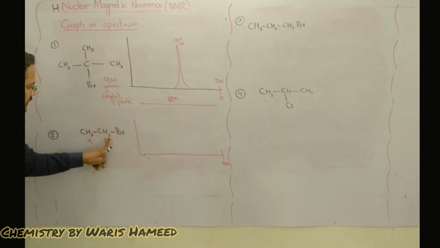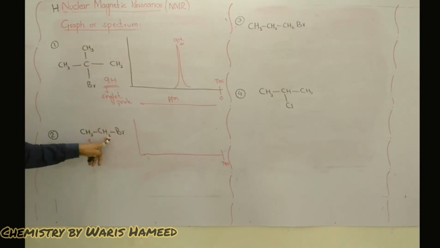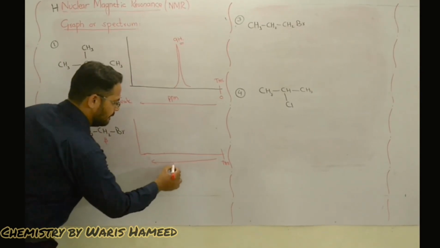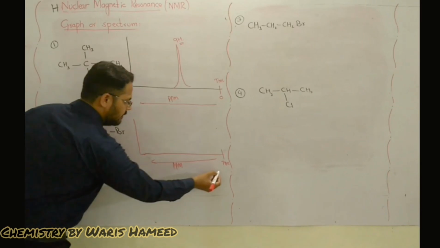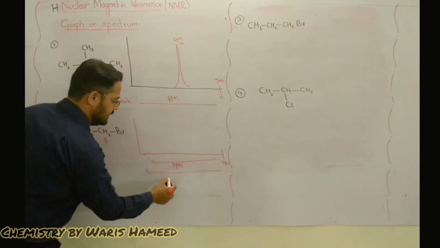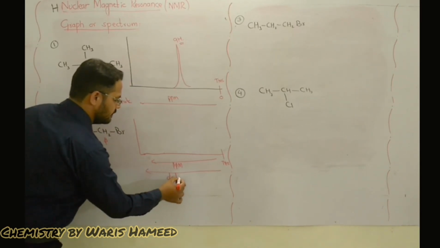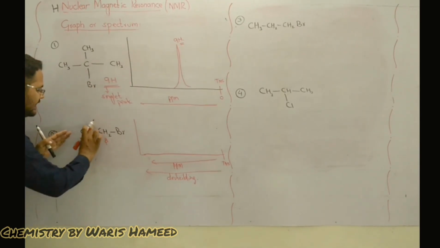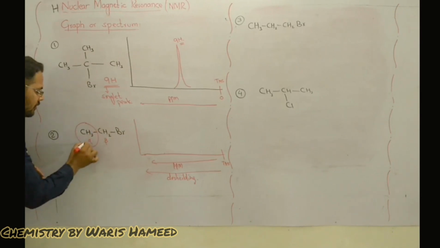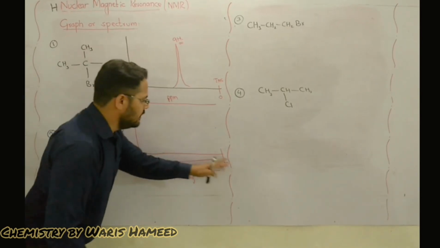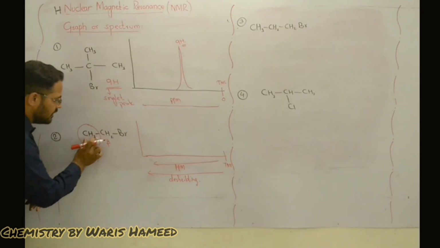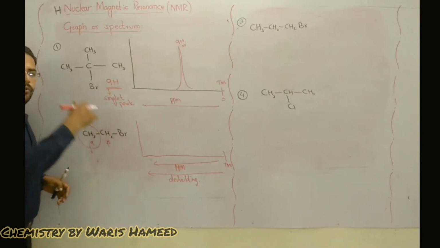Now, these protons are de-shielded and these are shielded. So, the value of ppm increases, and we can also say de-shielding. So, these are shielded protons. So, its peak will be after the TMS and its peak will consist of 1 proton plus 2 neighboring protons.